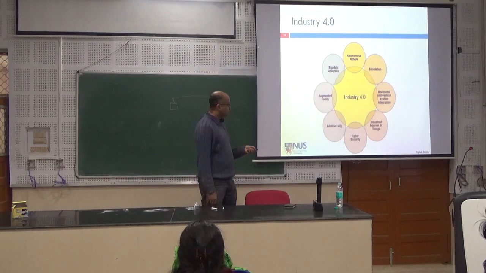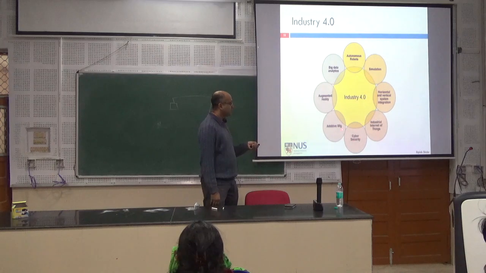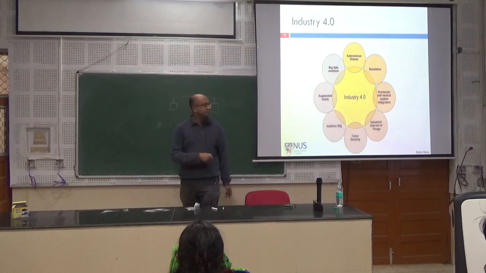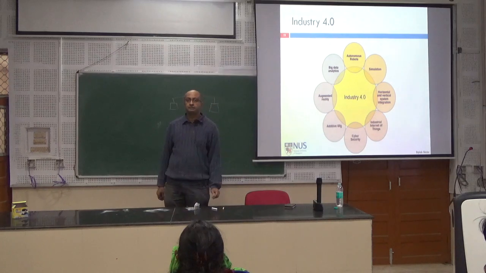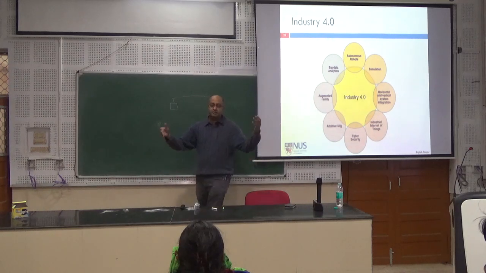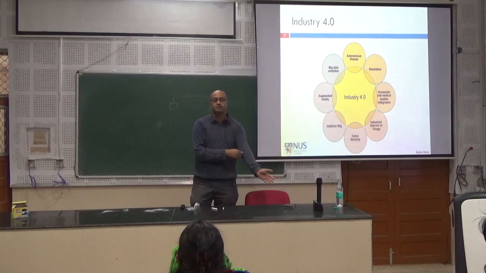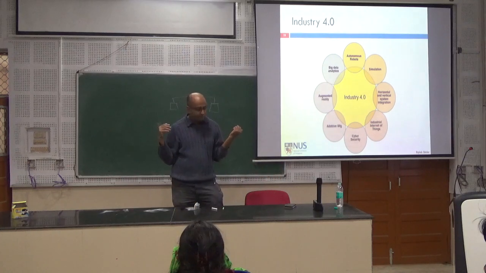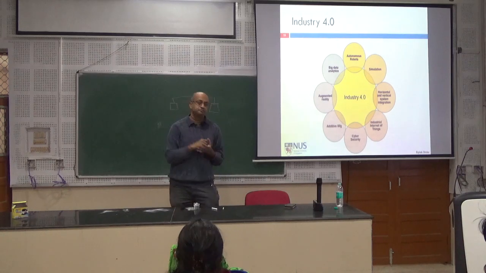And other things, cybersecurity, and if you're in the mechanical engineering kind of space, you will hear this term called additive manufacturing. Previously, how do we make things? Let's say I want to make a screw.